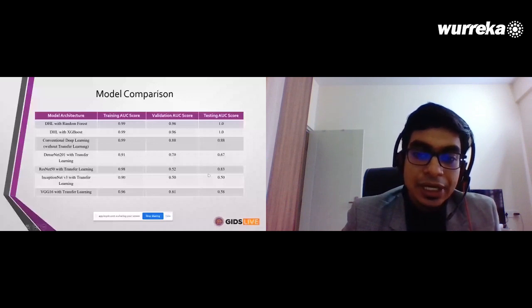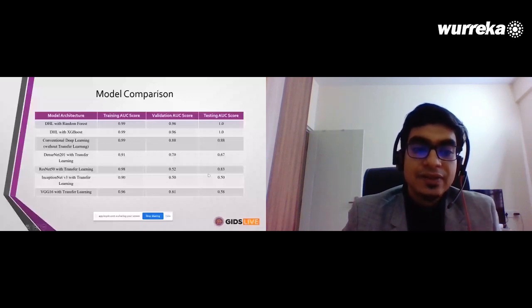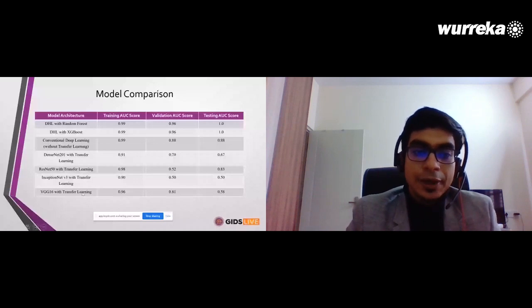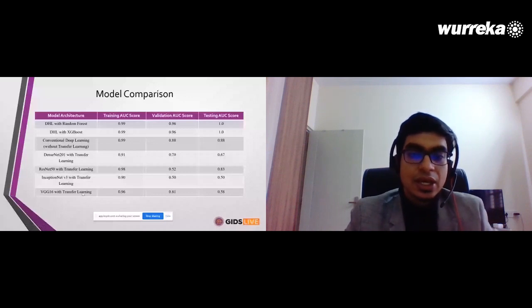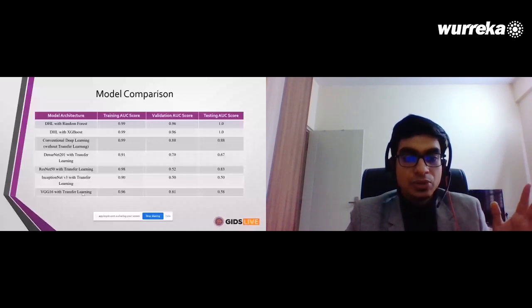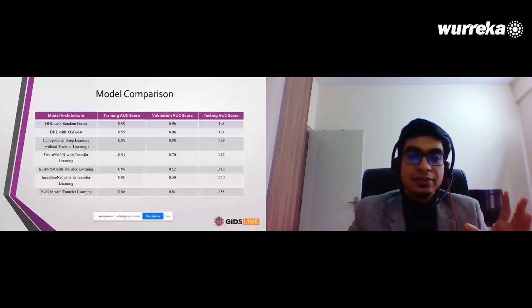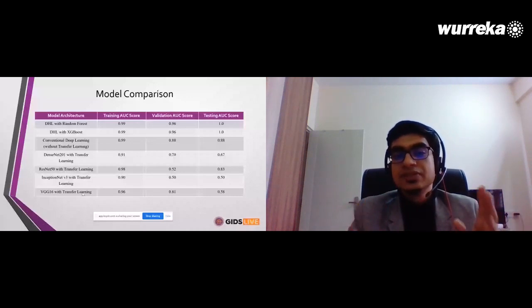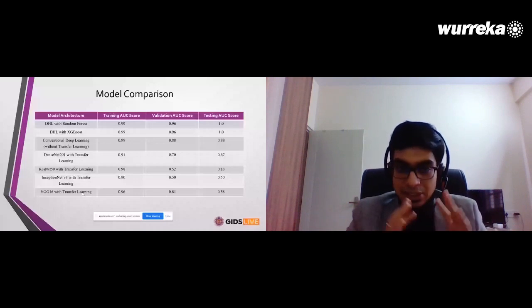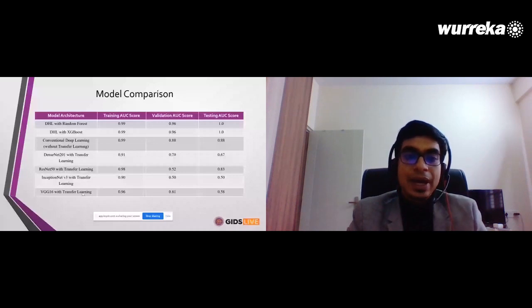So this again proves that if the data that we are using for our final classification is different in terms of distributions or dimensions than what is used for the initial pre-training, then transfer learning might not work well. Transfer learning can also bring a lot of overfitting and even underfitting sometimes. And this is one classic example where deep hybrid learning was quite efficient, and the results clearly speak for themselves.